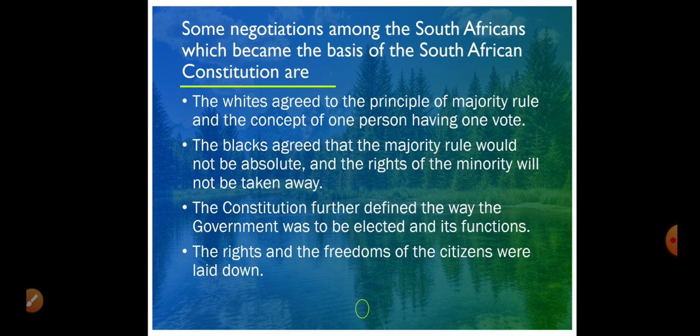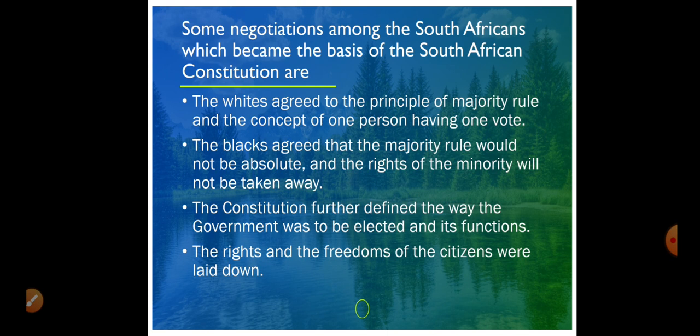But the South Africans gave equal rights to the minority so that the Europeans would not feel disappointed or fear that after independence all their rights would be taken away by the majority. That's why blacks agreed on this.